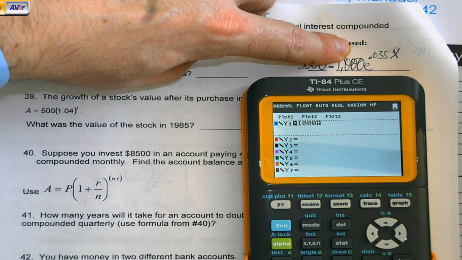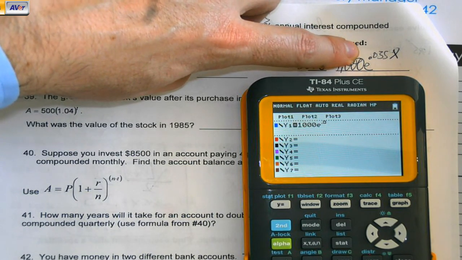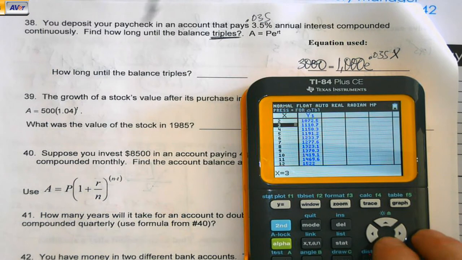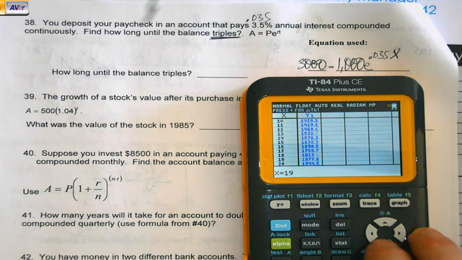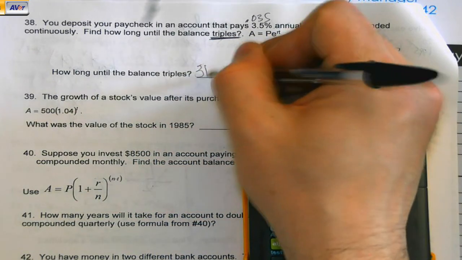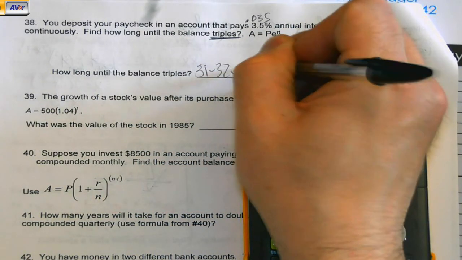Second ln, again for my e. And I'm going to look at my chart, and I'm looking to see when Y goes over 3,000. Now, this is going to take a while because that's not much of an interest rate. Almost there. Holy moly. Whew. 31 to 32 years. You better find you a new account.